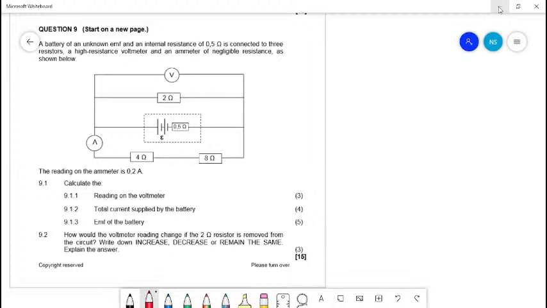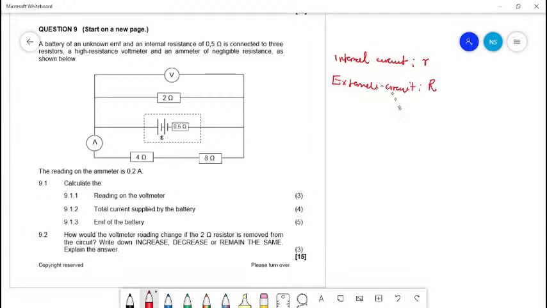The internal circuit is where we talk about the internal resistance, the small letter r. And the external circuit has the external resistance, which is the capital letter R.